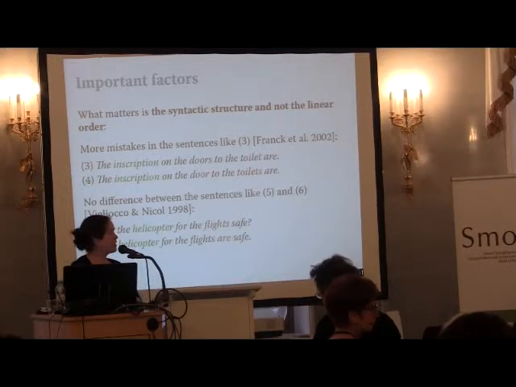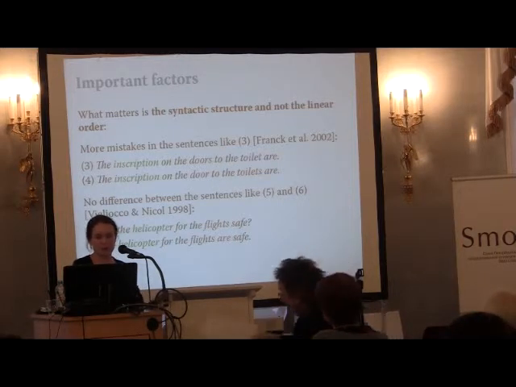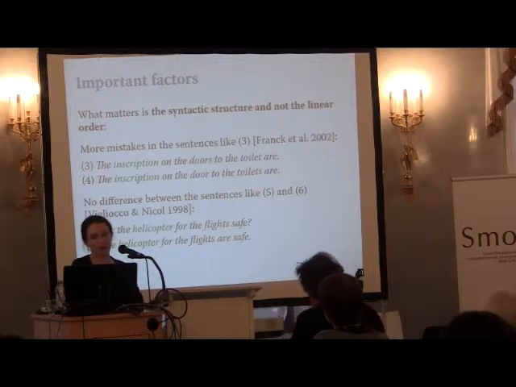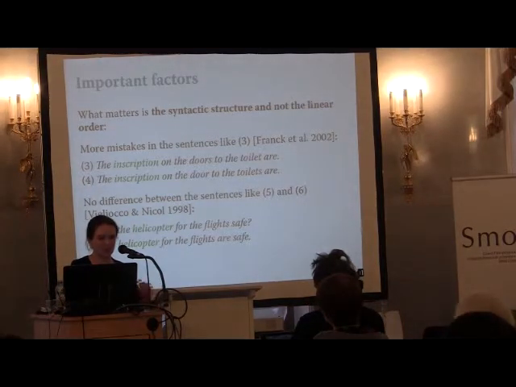And moreover, and this might be much more striking, there is no difference between sentences like 5 and 6. "Are the helicopter for the flights safe?" and "The helicopter for the flights are safe." So in the 5th sentence, the verb is actually closer to the head of the subject noun phrase than to the interfering dependent noun, but still the number of mistakes is the same.